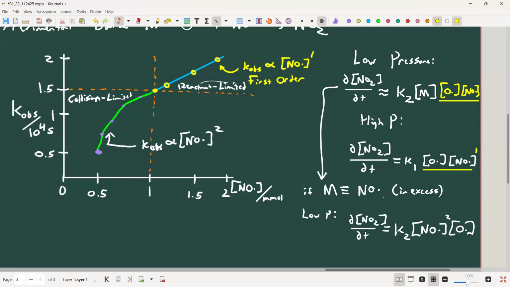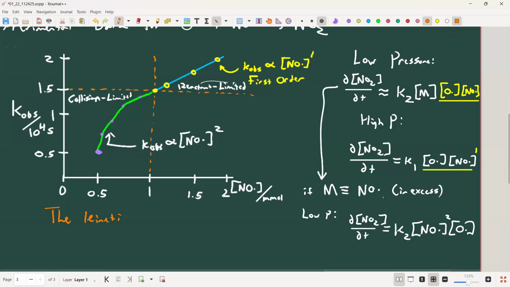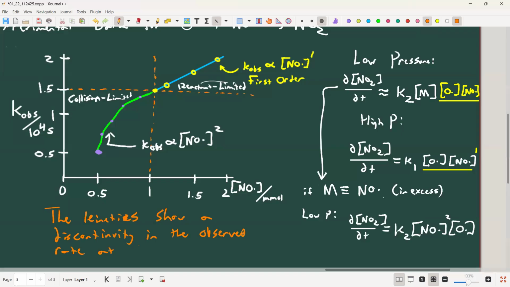All right, so what we see is that in this reaction, the kinetics show a discontinuity in the observed rate at some special pressure, right?